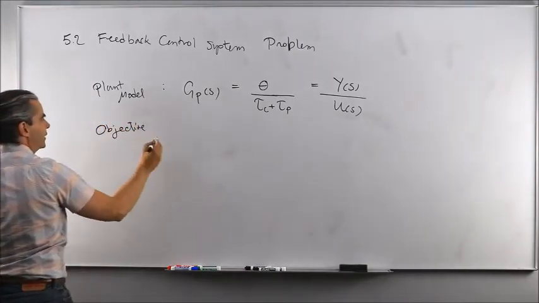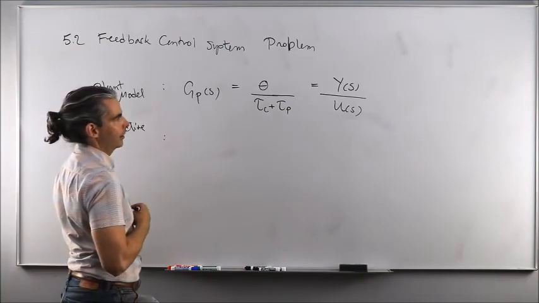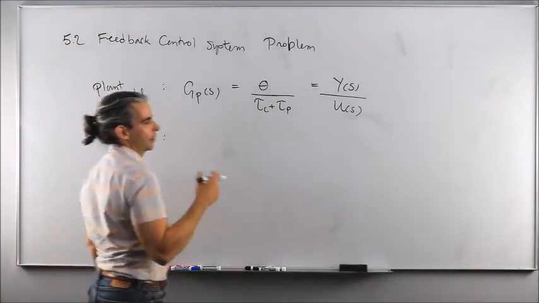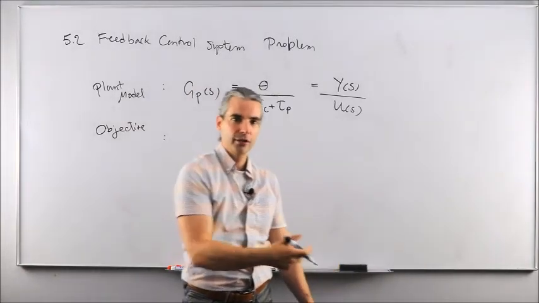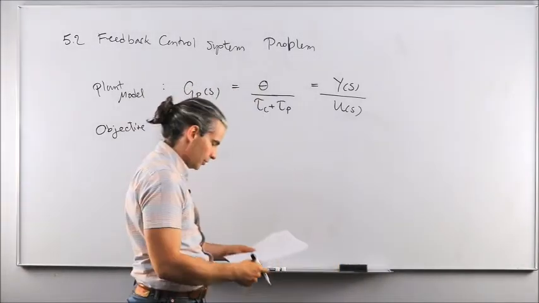Now, what is the objective here? Well, it turns out the objective of any control law is to ensure that the output tracks as closely as possible the desired signal as provided by the user.